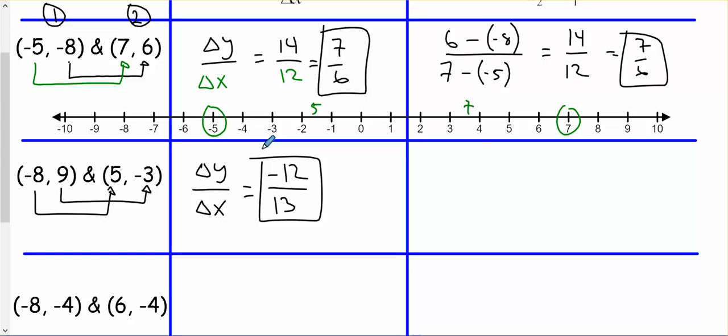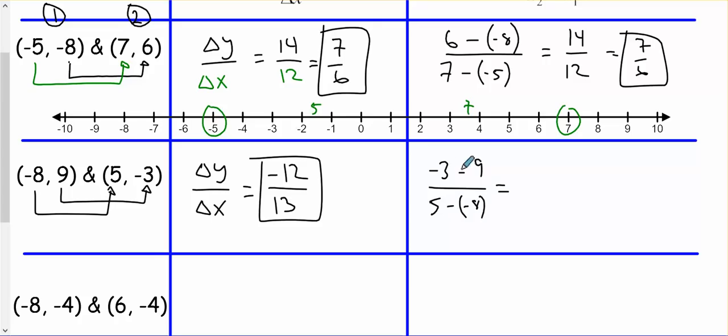Doing it, our y2 is -3, so -3 minus y1, minus 9, over x2, 5 minus x1, a -8, so that's minus -8.